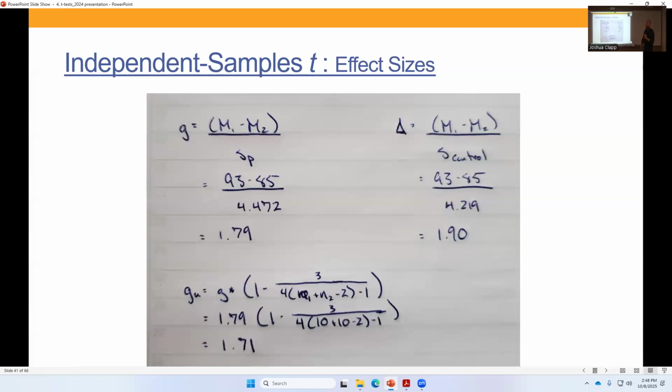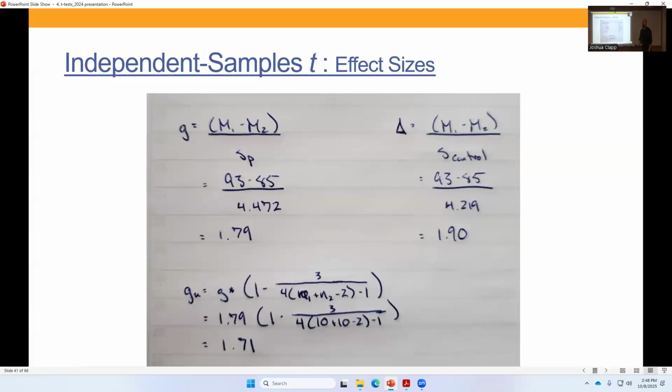I can conceptualize this as a class delta, which I think would be a fine way to do that. Here I've got the difference in my means over the standard deviation of my control, the no Sesame Street group, and now I've got a value of 1.9, close to 2 standard deviations difference, which is pretty wild.